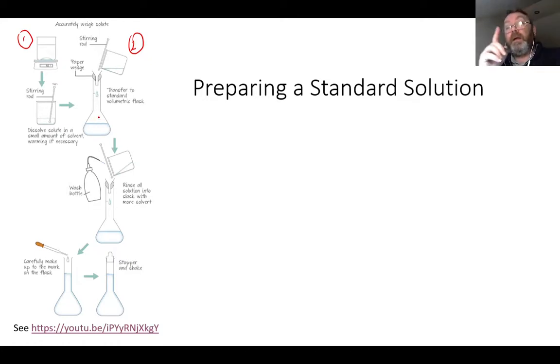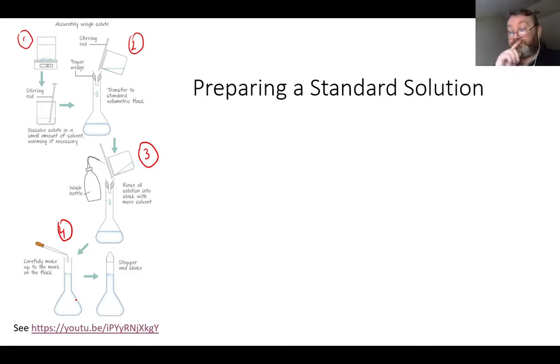Now, every single time you transfer something, please rinse the beaker. Third thing is you then rinse the beaker and you transfer the washings also into the volumetric flask. And the fourth thing we do then is, extremely carefully, we keep on adding what we call deionized water until we reach the mark that is on the neck of the volumetric flask.